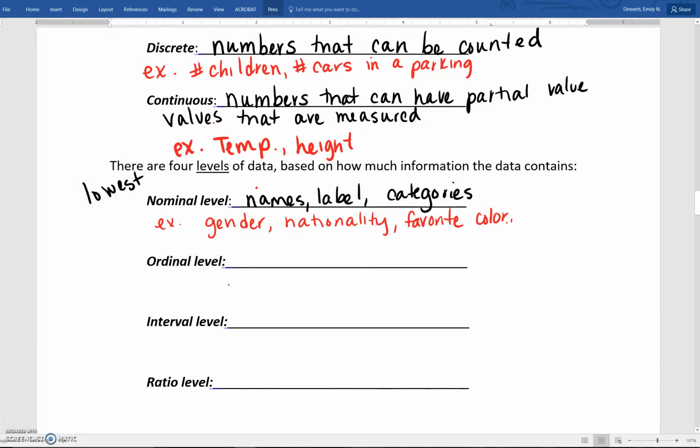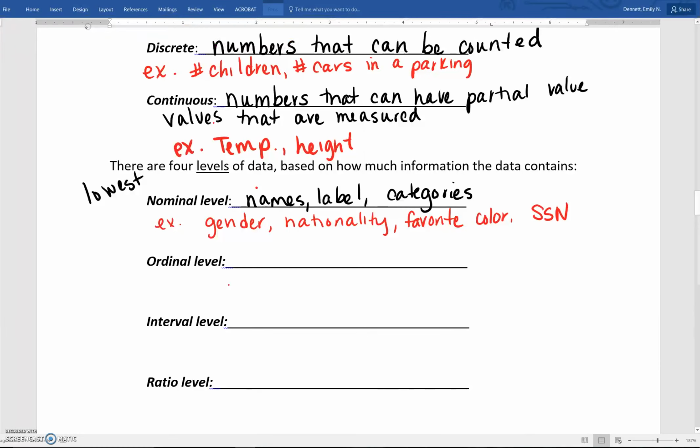Sometimes these could be numbers that you can't rank. For example, a social security number would be a number, but you wouldn't say that one social security number is better than another. But most of the time we think of things that are names or labels.